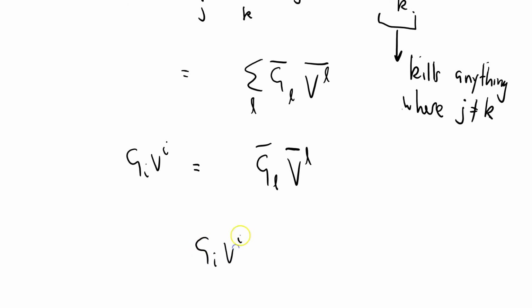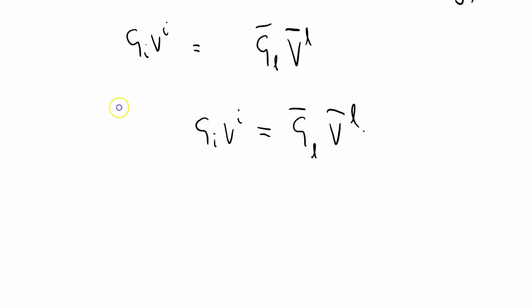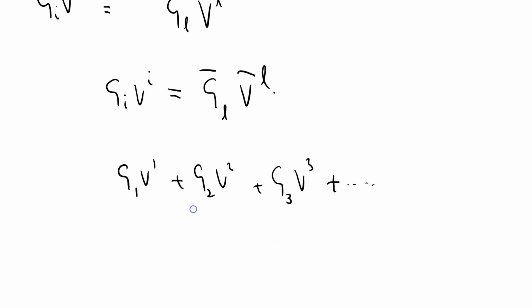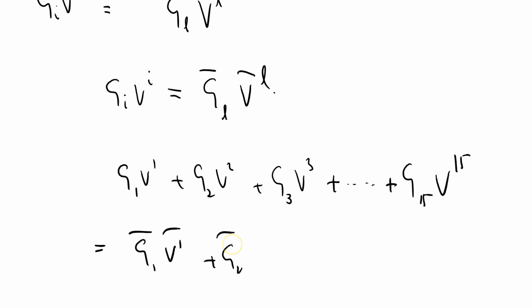So GIVI equals G L bar, V L bar, which tells me that G1 V1 plus G2 V2 plus G3 V3 plus however many they are, you might be working in a 15-dimensional space, G15 V15 equals G bar 1 V1 bar plus G2 bar V2 bar plus dot dot dot plus G15 bar V15 bar.